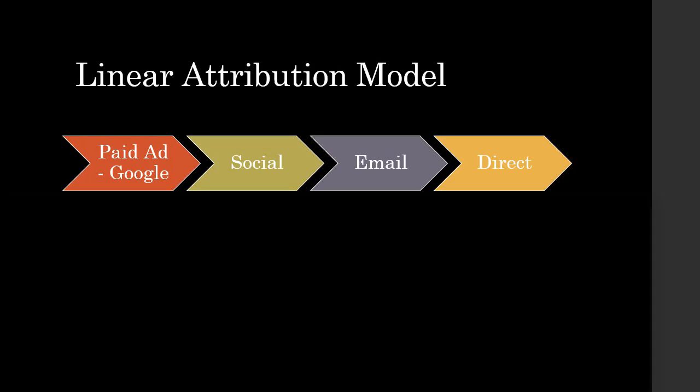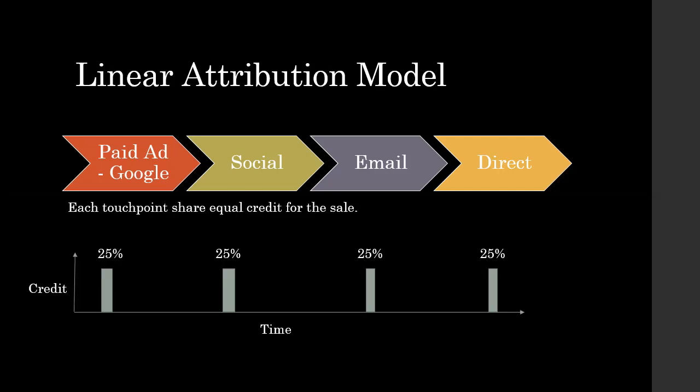In the linear attribution model, each touch point in the customer's journey to the conversion receives equal credit. So in our example, there are 4 touch points. Each of them is going to receive 25% of credit for the conversion or the sale.